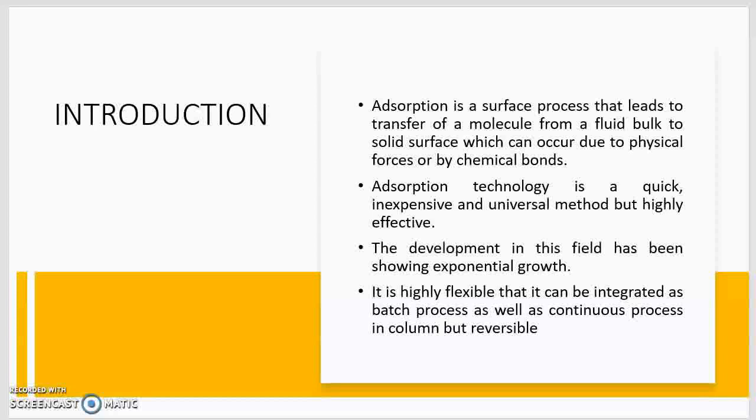For decades, the development in this field has been showing exponential growth in trends. It is also very attractive because it is highly flexible: it can be integrated into a batch process as well as a continuous process, and there are many parameters that can be adjusted to fit the process objective.